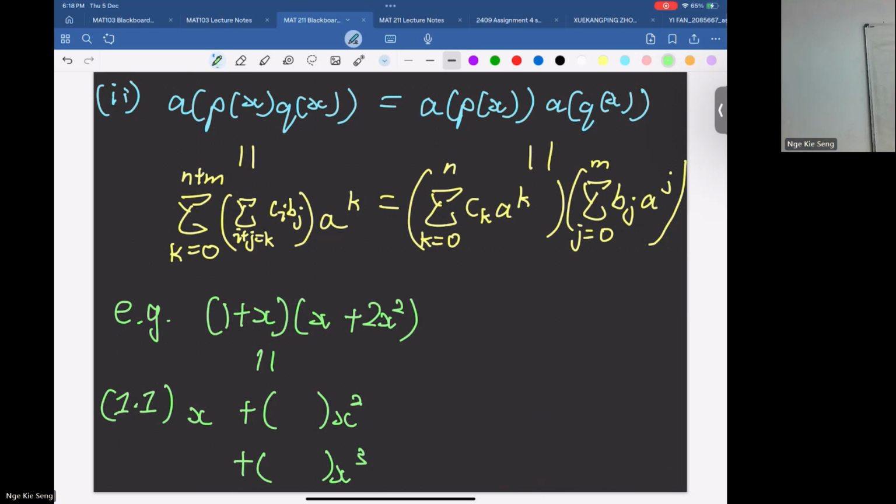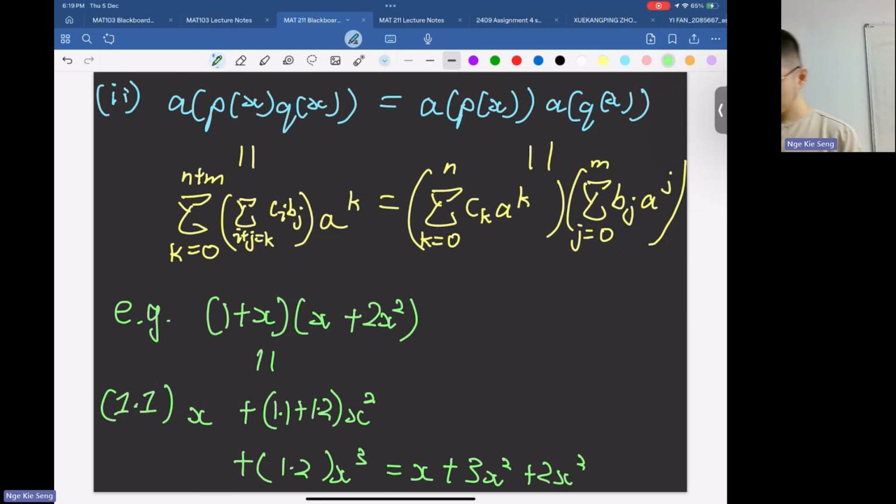Either you take 1 times 1, or you can get 2 times 1, and the third way is 1 times 2. So all together, what do you get? 2x plus... sorry. Oh, no need to panic, if you calculate wrongly just say so. It's okay, I'm not always right, I make mistakes often. The sky won't fall. 1 times 1 plus 2 what? 3x squared. Okay, but on the other hand, any other terms or not?